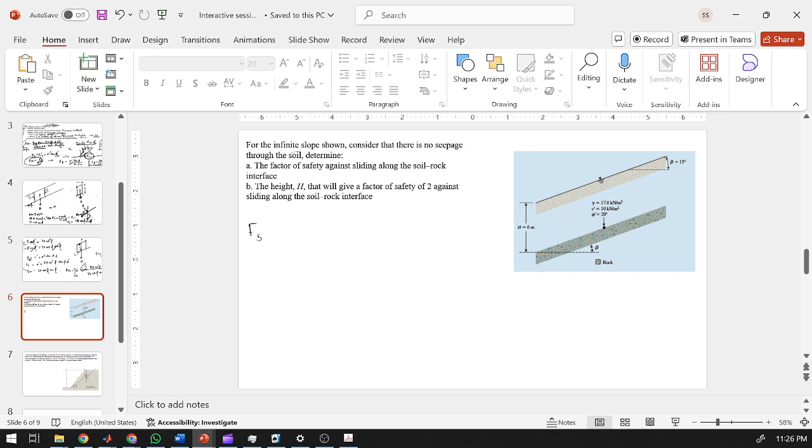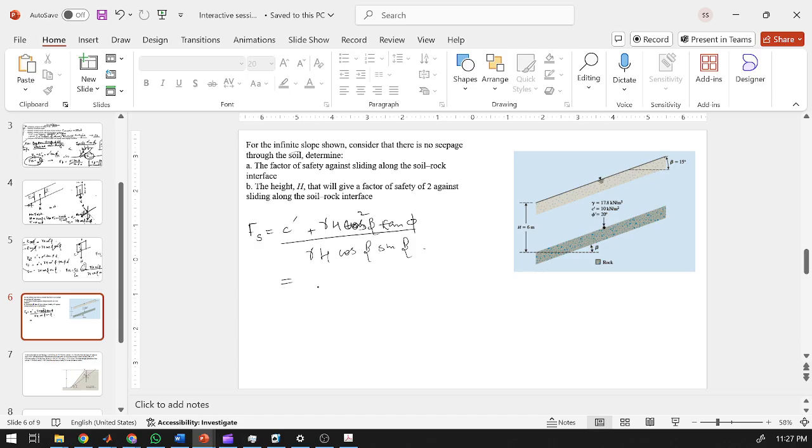So we know factor of safety, as we just saw, is equal to c dash plus gamma h cos square beta tan phi over gamma h cos beta sin beta.